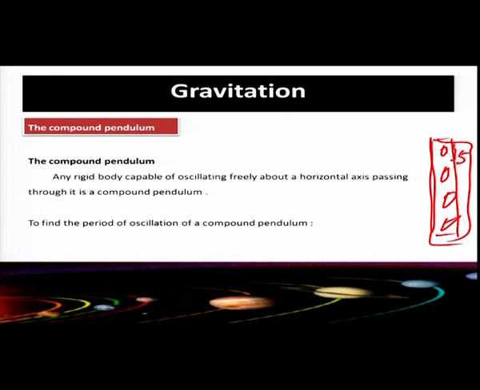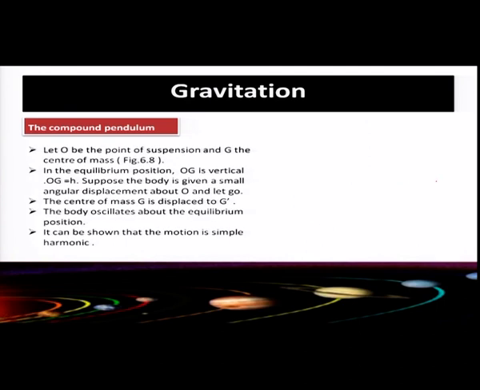Therefore, the graduations are 5, 10, 15 and so on. Likewise, there are 20 holes in the compound pendulum. From this compound pendulum we can find out the time period and acceleration due to gravity.